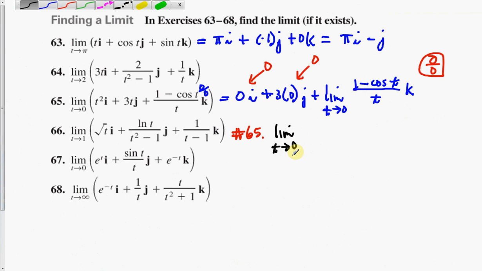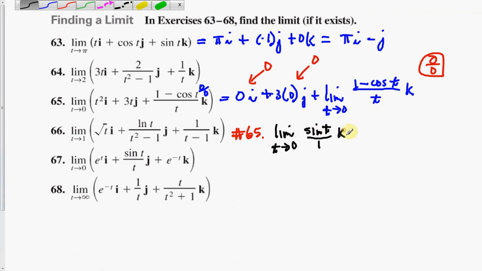The derivative of 1 is 0. The derivative of cosine is negative sine, times a negative, so we get positive sine t. And this is divided by 1 now, since the derivative of t is 1.